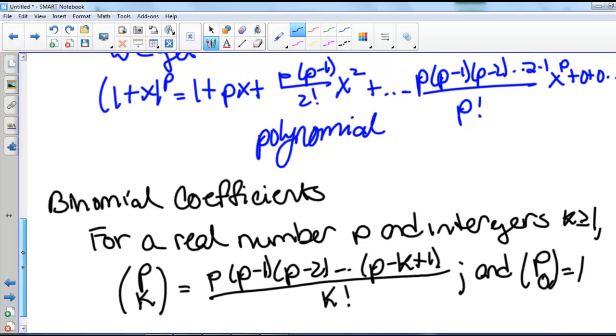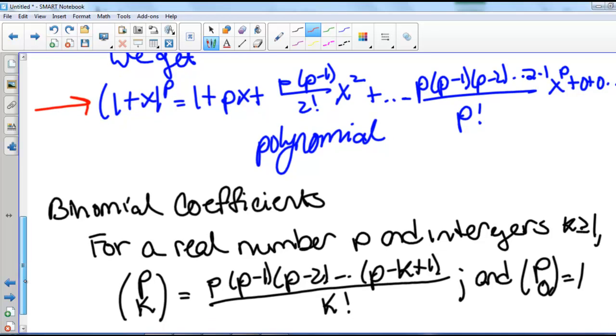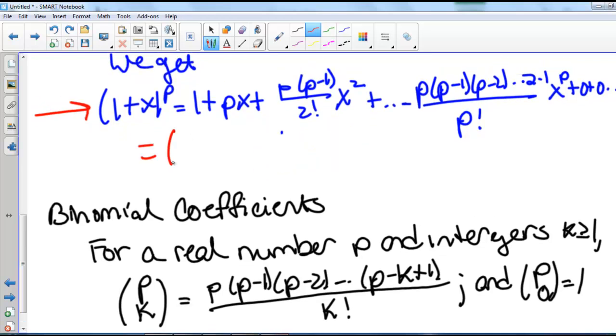So this means that we can rewrite this polynomial we just got using this binomial coefficient notation. So we can now rewrite this as p choose 0 plus p choose 1 times x plus p choose 2 times x squared, and so on.